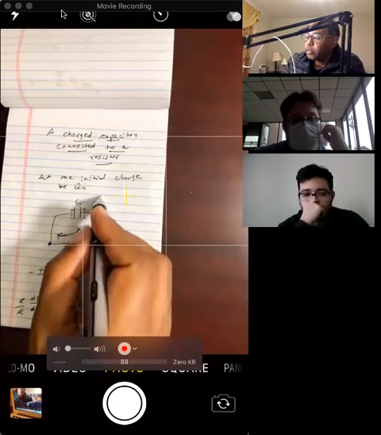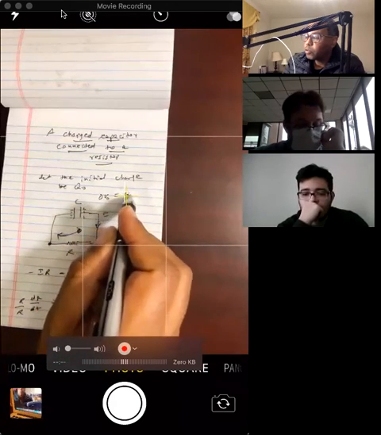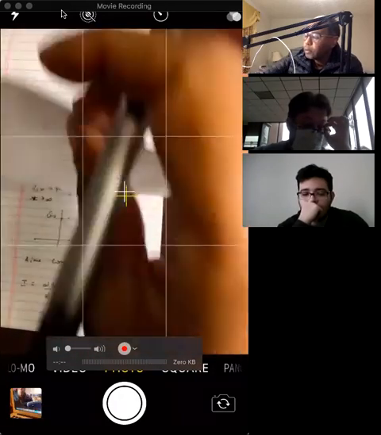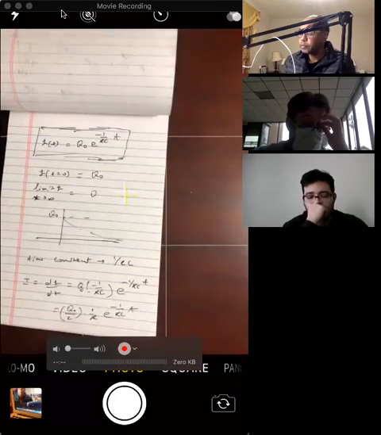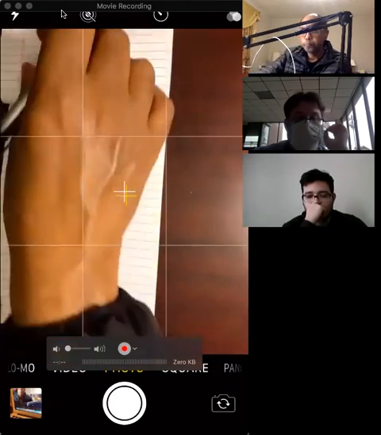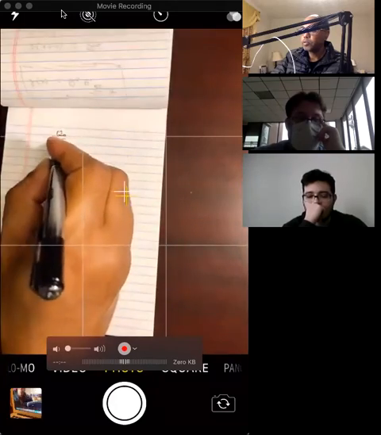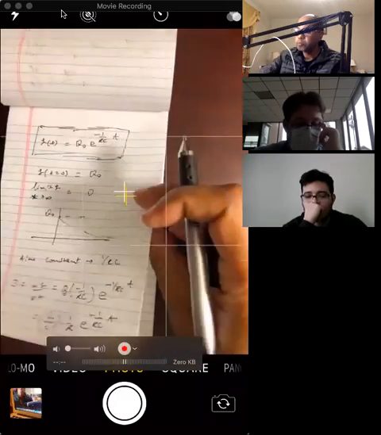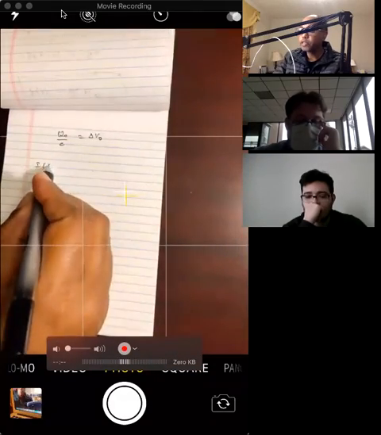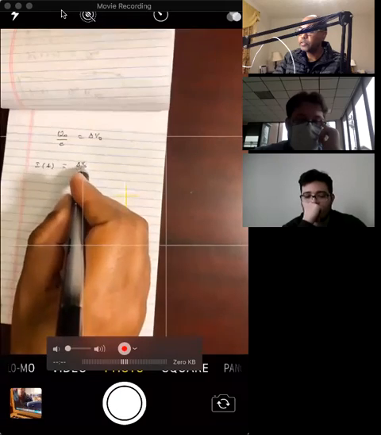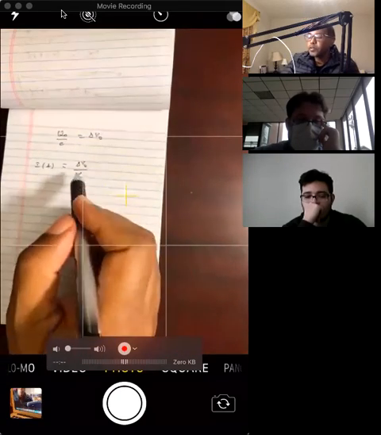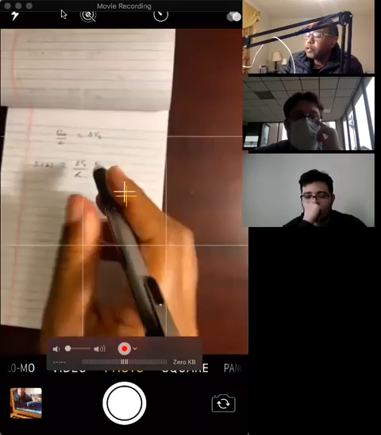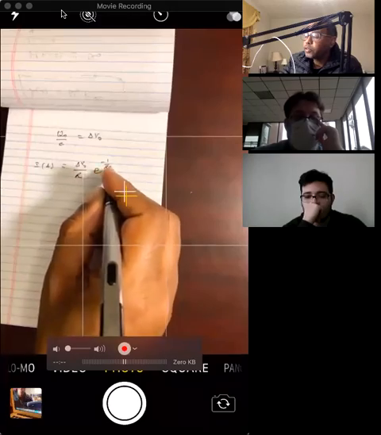The initial potential difference, let's say delta V naught, is Q naught over C. So the current as a function of time is the initial potential difference divided by the resistance. So you see, this is the initial current, and then of course you have e to the negative 1 over RC times t.